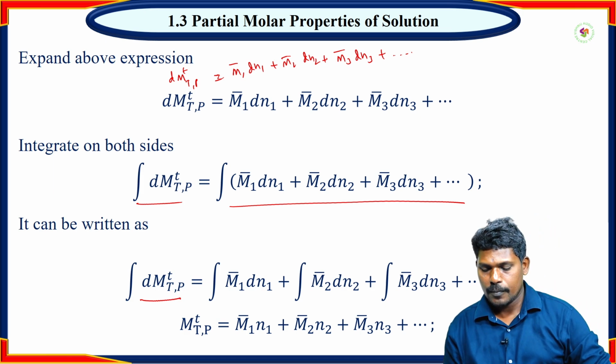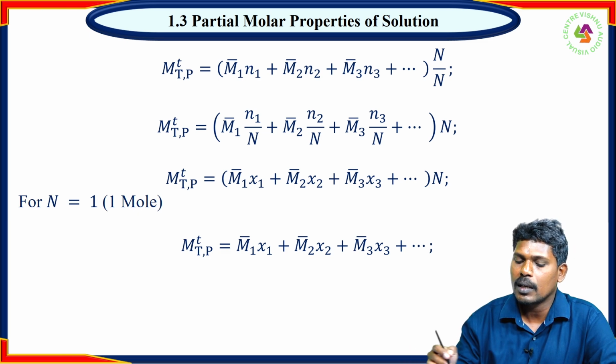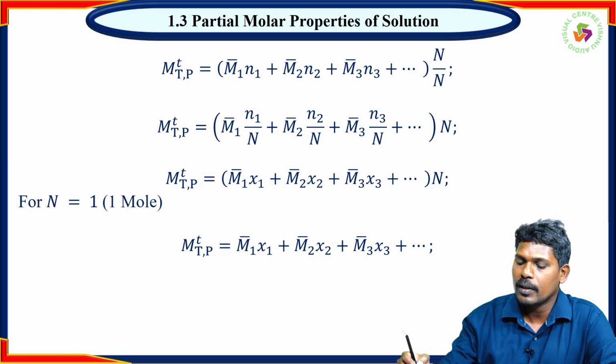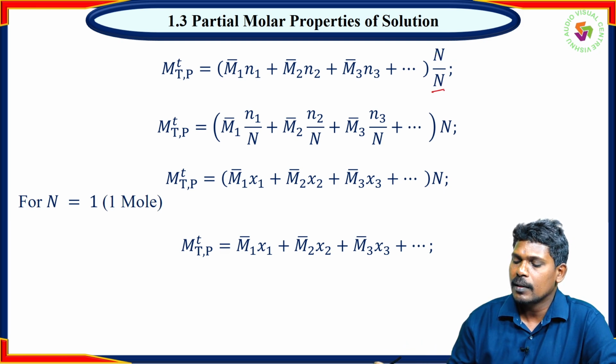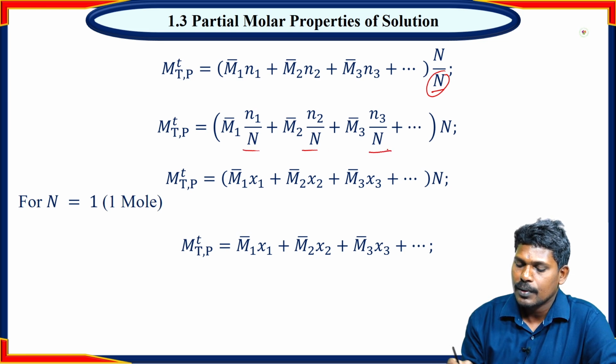Now for the right-hand side, multiply with the number of moles and divide, and the division is applied to each term. Indirectly, this is a mole fraction, meaning we are writing it in terms of mole fractions.